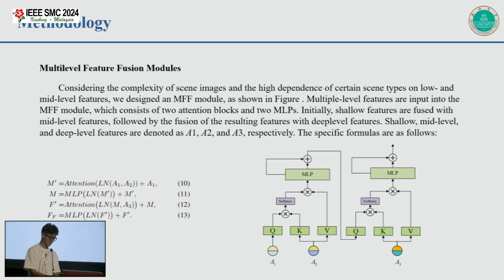Initially, shallow features are fused with mid-level features, followed by the fusion of the resulting features with deep level features. Shallow, middle level, and deep level features are denoted as A1, A2, and A3, respectively. The specific formulas are as follows.